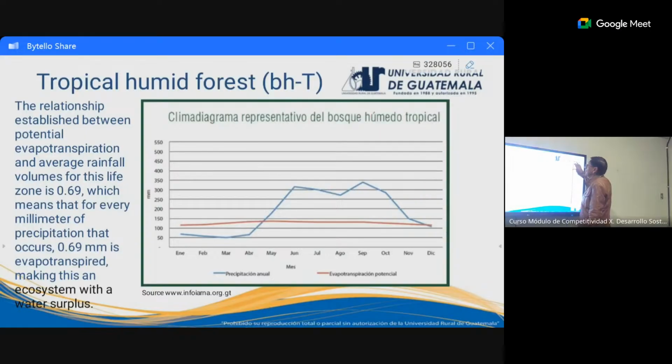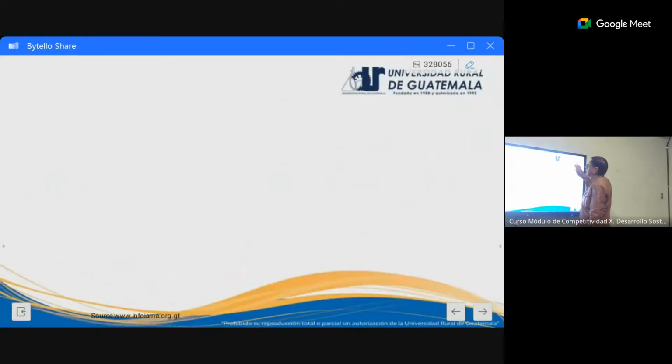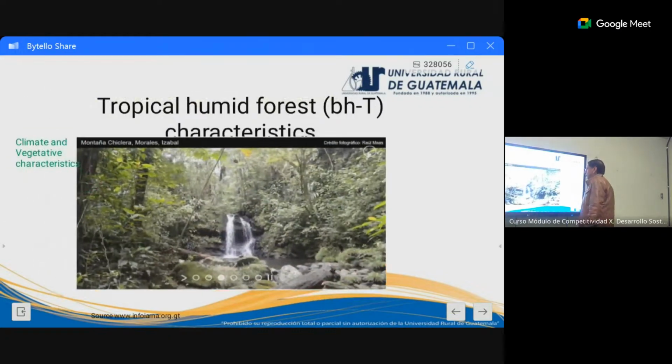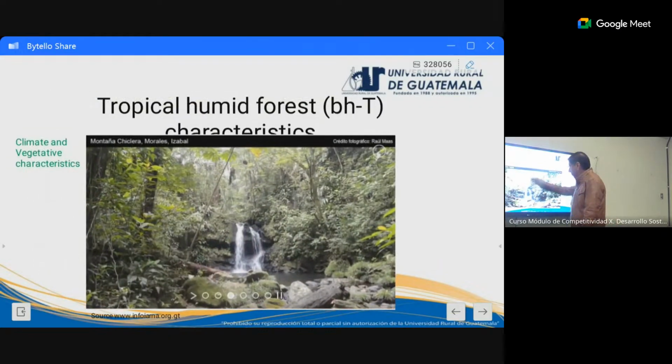Okay, now let's continue with this tropical humid forest. We also have a photo that was taken from Montaña Chiclera, Morales, Izabal. Here we can see the climate and vegetative characteristics.